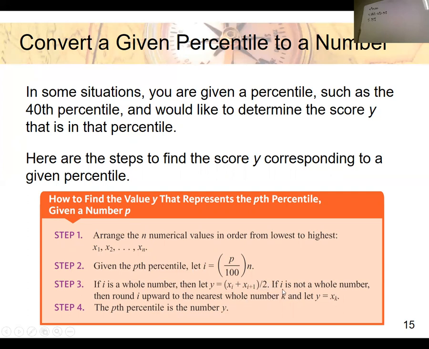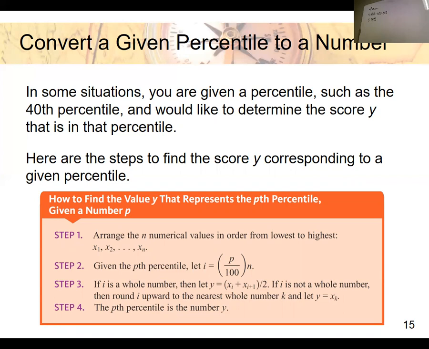However, if your I does not come out to be a whole number, then you're going to round upward to the nearest whole number. For example, let's say your I came out to be 8.2. You have to round up to 9. These are the same rules as for finding the median.